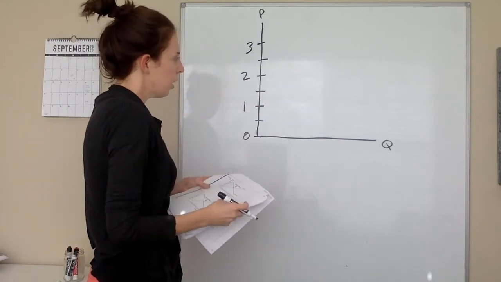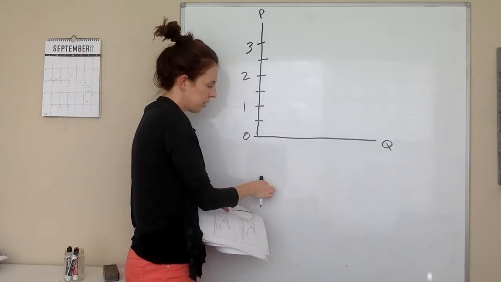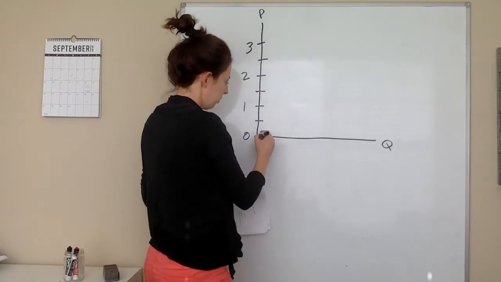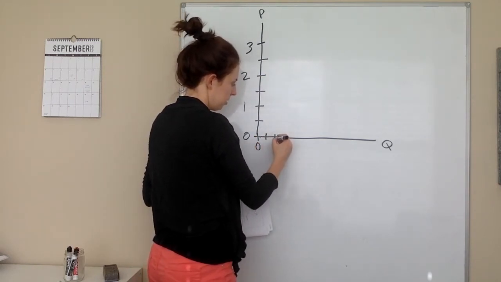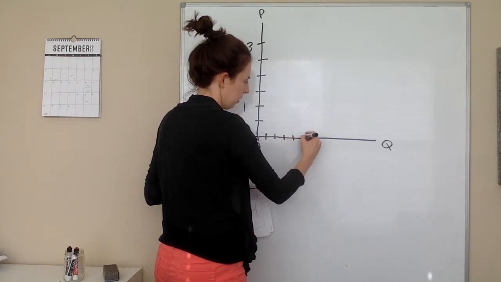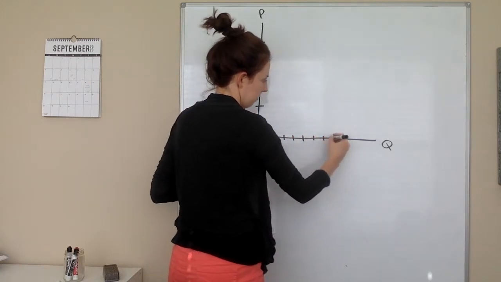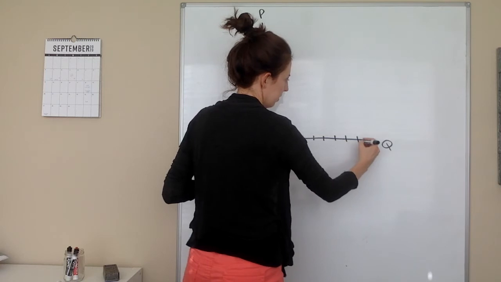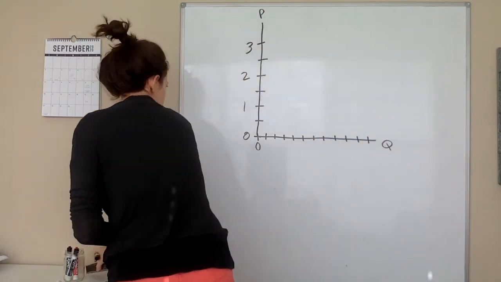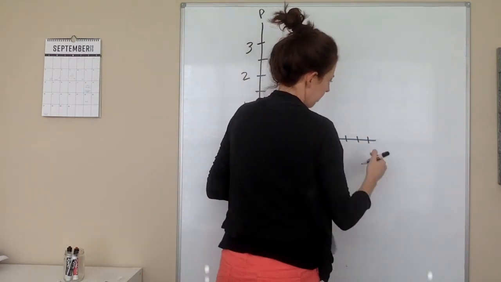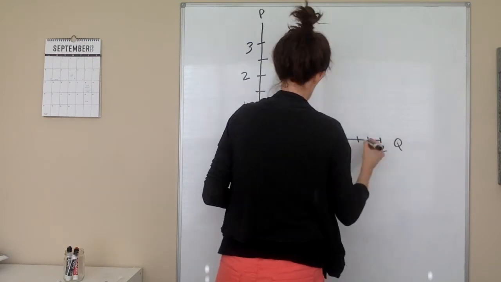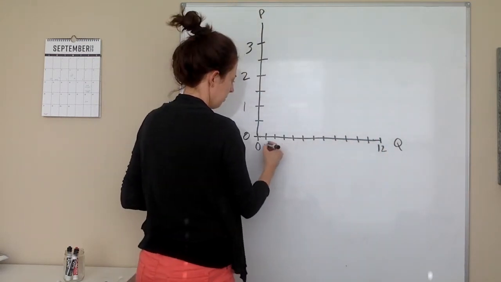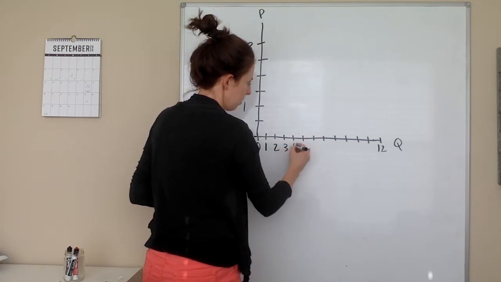And then let's have the quantities increase in 1 unit increments from 0 to 12. So we're going to have 0, 1, 2, 3, 4, 5, 6, 7, 8, 9, 10, 11, and 12. And then we can label these.